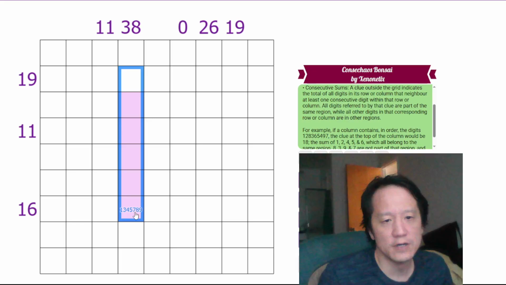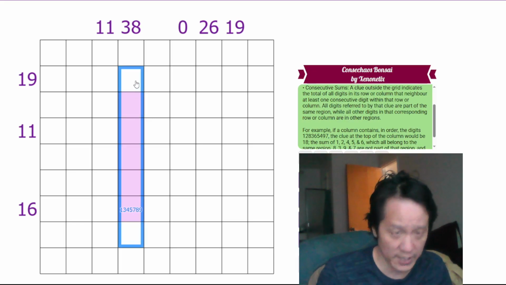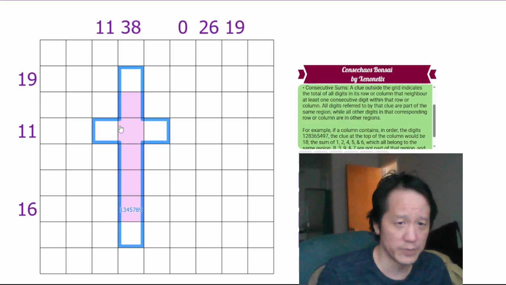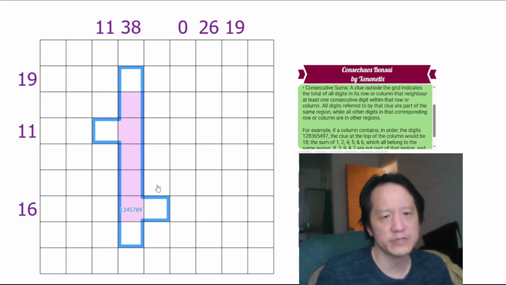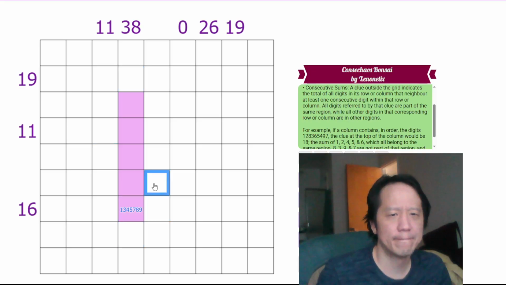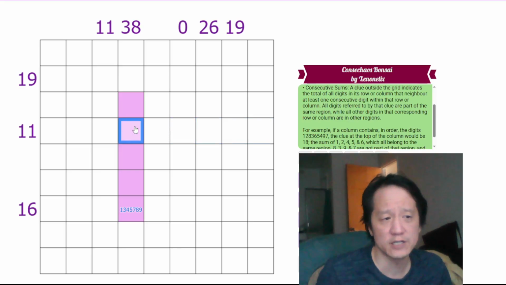Oh, or this could be okay. For this region, it could still be 7 here. And then you have 2 coming out somewhere else, essentially, right? Could be something along those lines. This is 2 digits and it has to be 5 and 6. But this could actually be the 5 or 6 here. That actually could work.